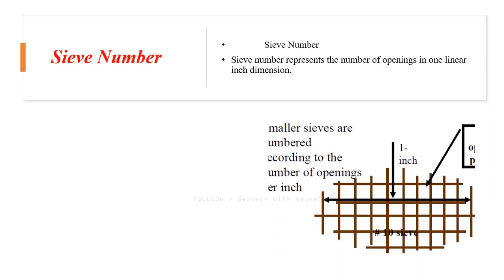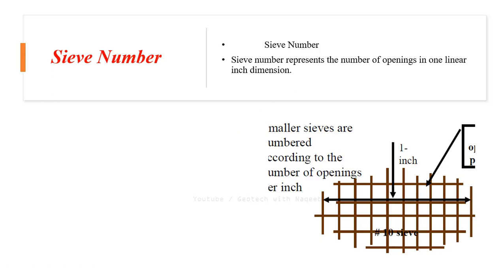You can see here that the smaller sieves are numbered according to the number of openings per inch. In one linear inch there are 4 openings. The size we discussed a few seconds ago is that sieve number 4 is 4.75 mm. The point to notice is that, as per the definition, 1 inch equals 4 openings.